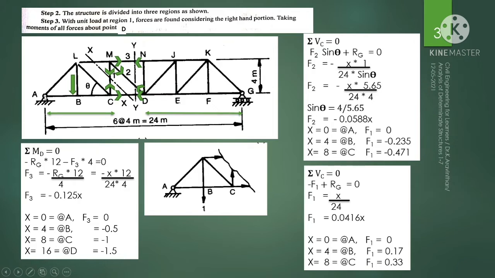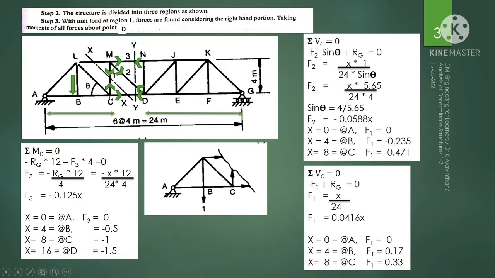Okay, this is the coordinate, that is 0, 0. From here you can add 4 meter for each and every joint. To find the influence line at joint A, x equal to 0, so F3 will be 0. At joint B, x equal to 4 meter; if I substitute 4 here, I will be getting 0.5 as the answer.